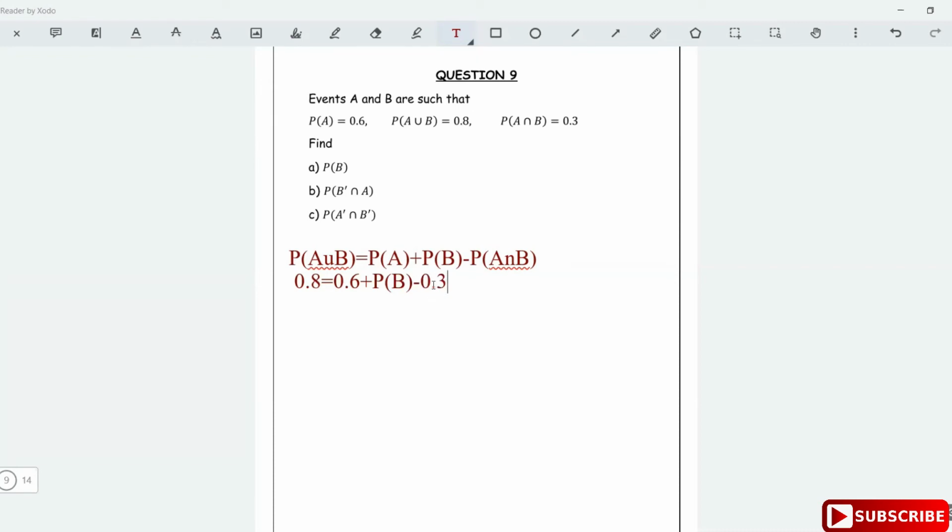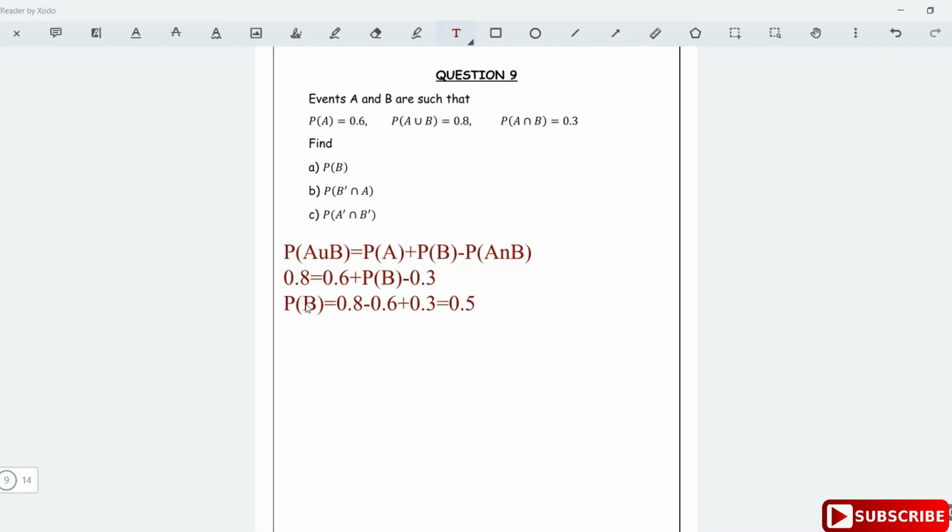So all we have to do is bring over everything to the other side. That means the probability of B is going to be equal to 0.8 minus 0.6 plus 0.3, which is 0.5. The probability of B is 0.5. Nice.